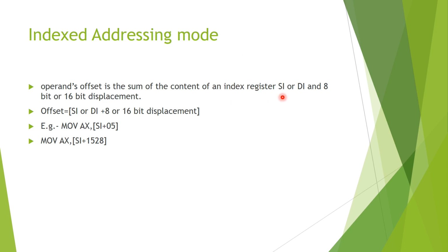Index registers are of two types, SI, the source index, or DI, the destination index. So here the offset will be the contents of the source index or the destination index plus 8-bit or 16-bit displacement. Okay, so here again we can use the same thing. Here we have used 8-bit displacement, and here we have used 16-bit displacement. Now look, in both we have written X, so in both cases we have to access two consecutive memory locations because we have to access 16-bit data.